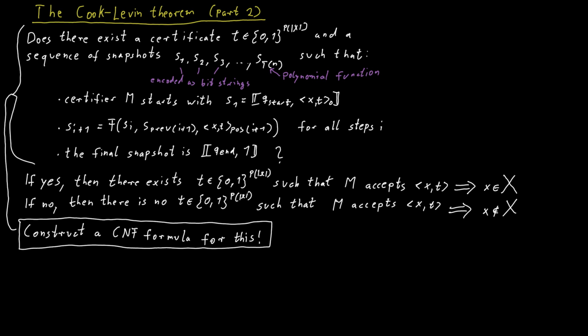We know that there's a relationship here which is captured by this function g, and therefore we can construct a CNF formula of constant size for each of those steps that models the behavior of g. And we finally require that we reach the end state, so we have some brief, short, constant-sized formula that ensures that the final snapshot bit string is actually one that corresponds to an accepting end state.